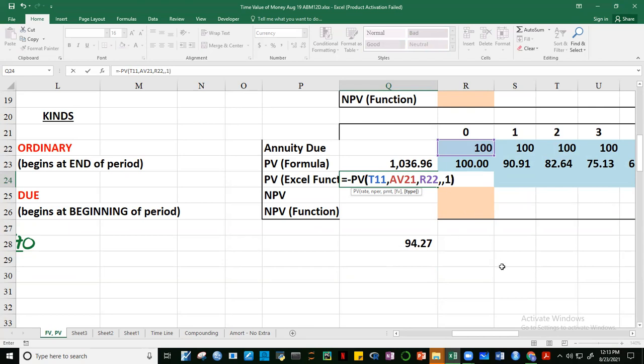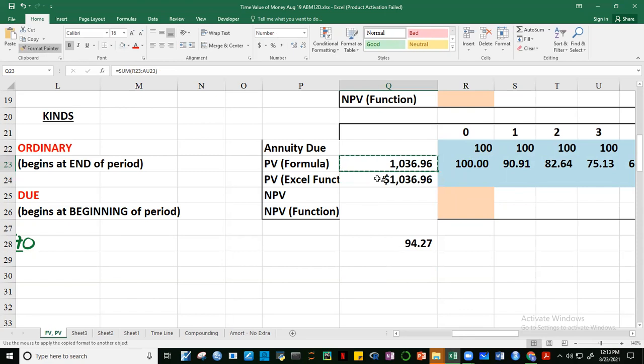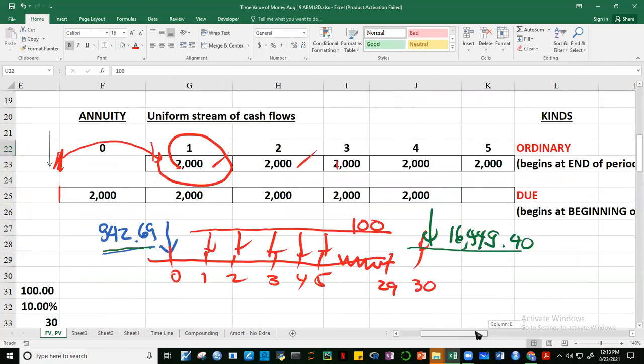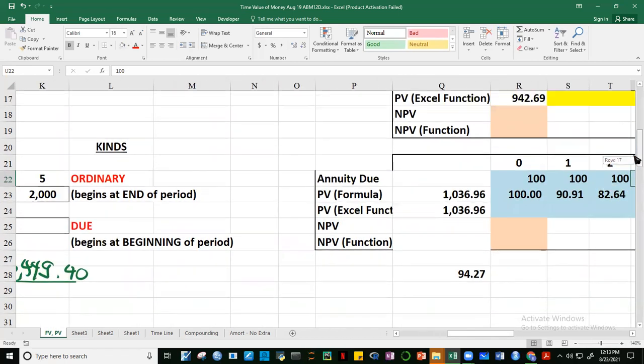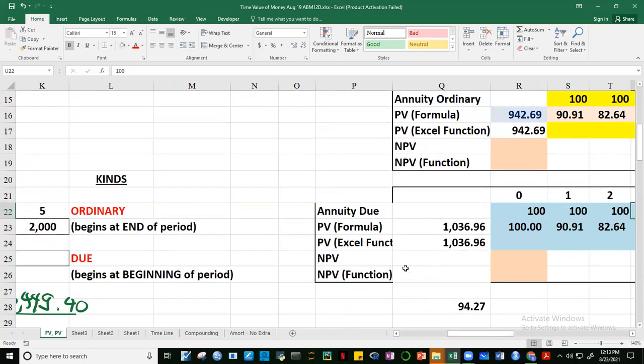Kasi guys, kung wala tayong linagay na 1, that will become annuity ordinary, magiging pareho siya na nasa taas. So you see guys, na pareho yung ano. Same answer, 1036.96 using the present value of the annuity itself. Ito present value ng future values nitong bawat isang cash flow na yan. Okay, clear guys yung annuity ordinary, annuity due? Clear siya?